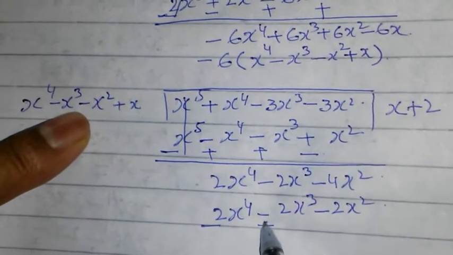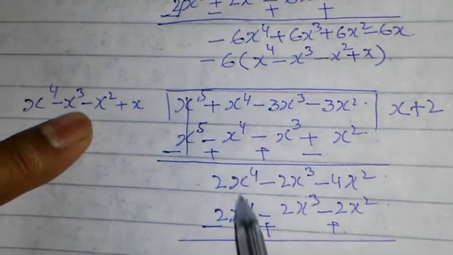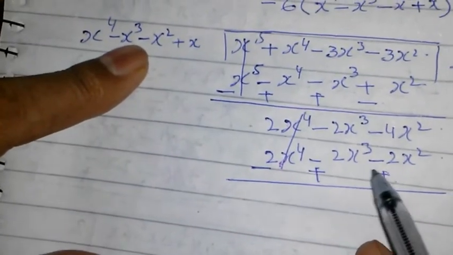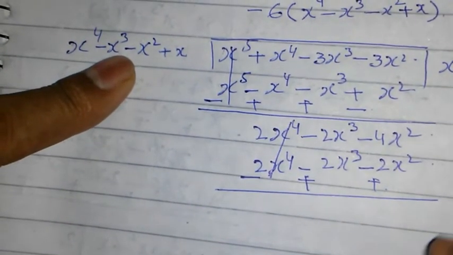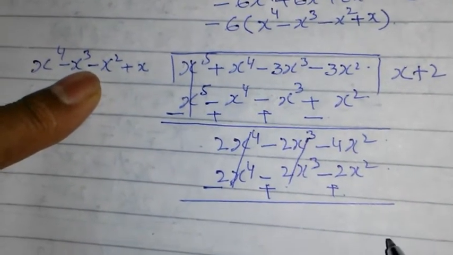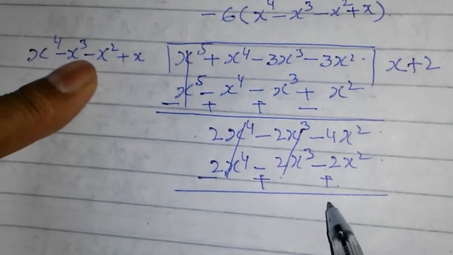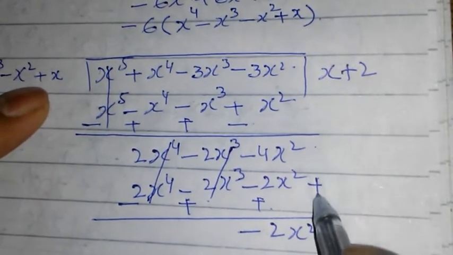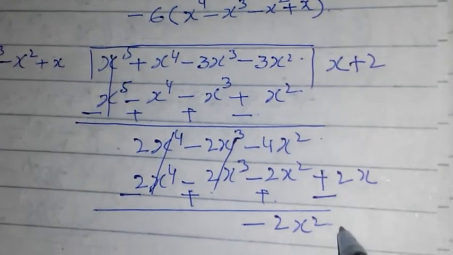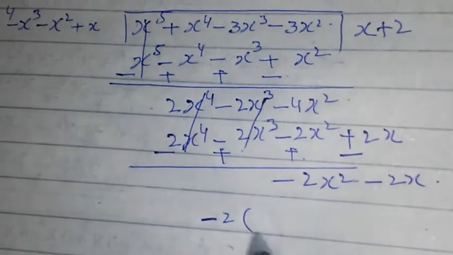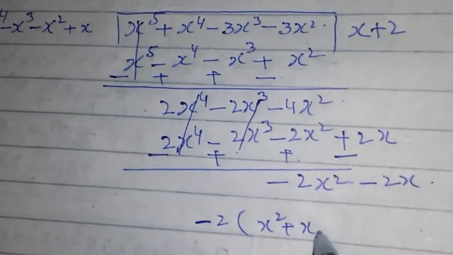On subtracting, minus 2x. Minus 2x is common here. It is x square plus x.